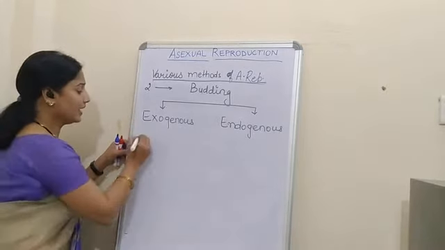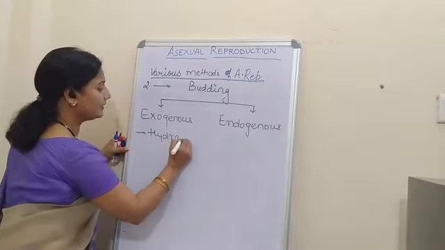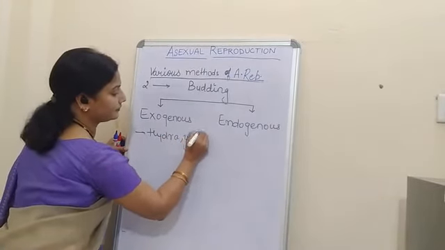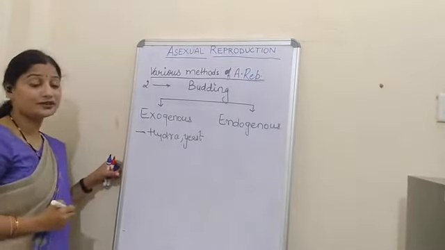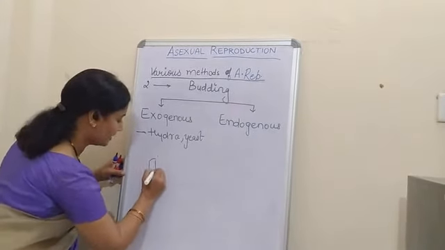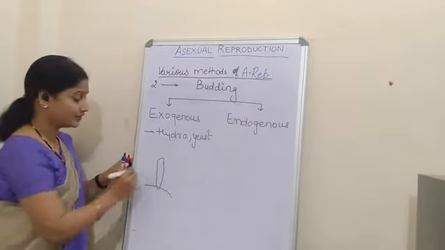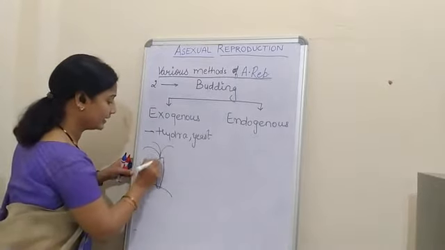The examples are hydra and yeast. See what happens in case of hydra. Suppose I draw the body of a hydra, and suppose this is the substratum where the hydra is fixed, and these are its tentacles.